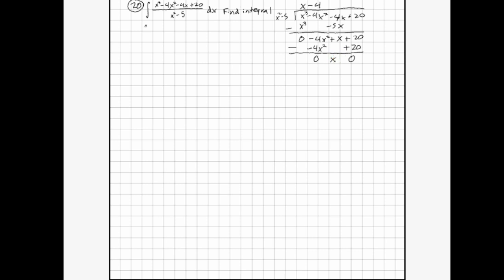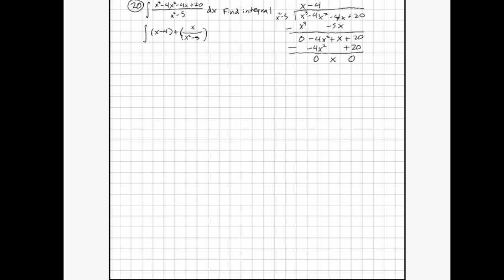So when I rewrite my integral, it is x minus 4 plus x over what you're dividing by, x squared minus 5.